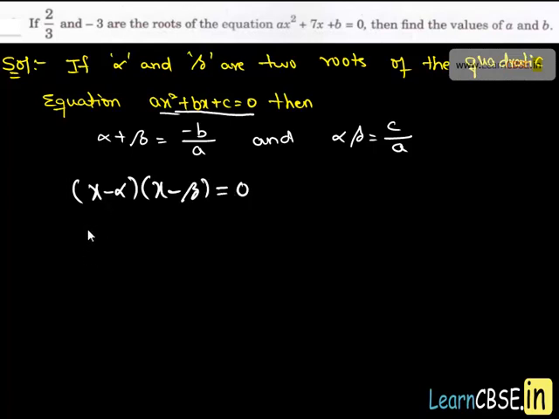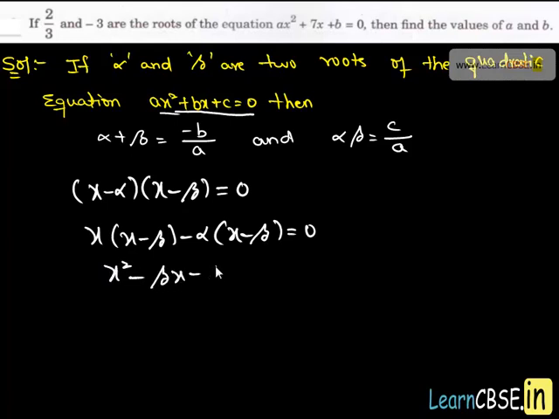Let us distribute x to x minus beta and negative alpha to x minus beta. X times x is x square, and negative beta x and negative alpha x. Here the product of two negatives will be a positive, therefore plus alpha times beta, which is equal to 0.